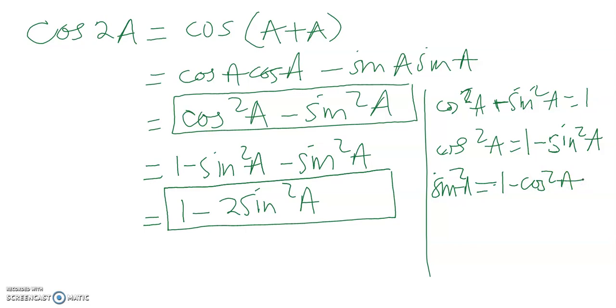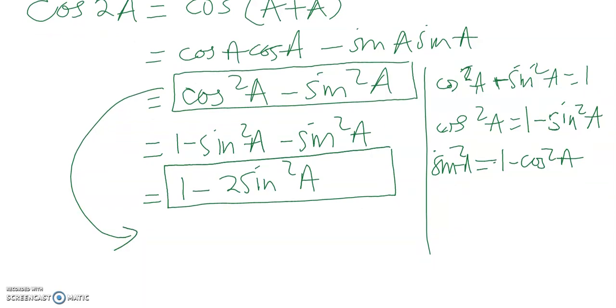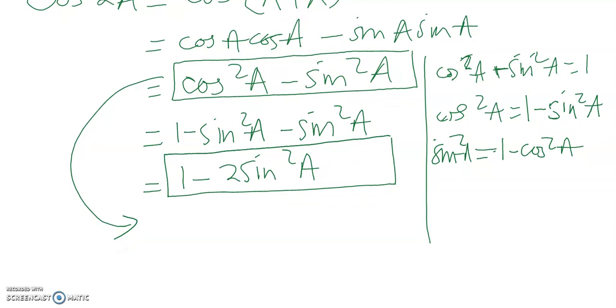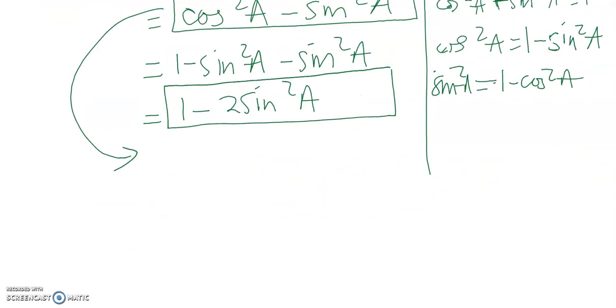So with that substitution in our initial, or first version of the double angle cosine, we can now substitute for sine squared a, which will then be cos squared a minus, remember your parentheses, 1 minus cos squared a.